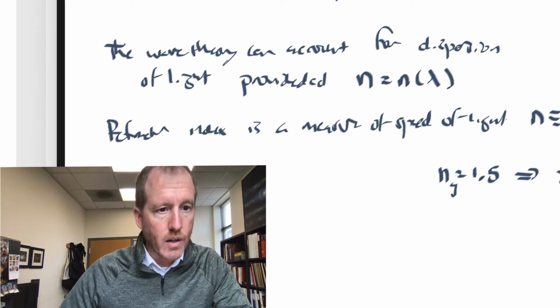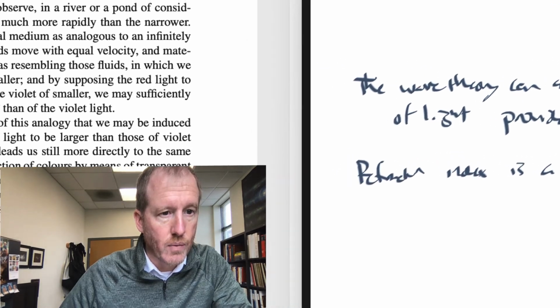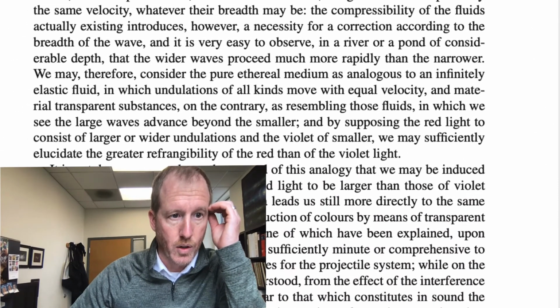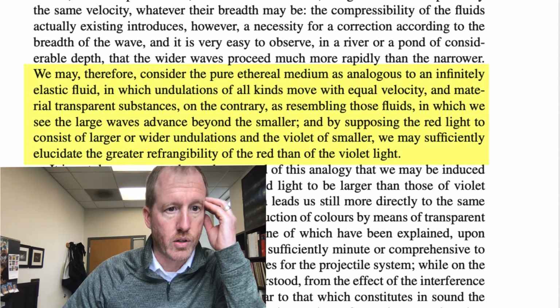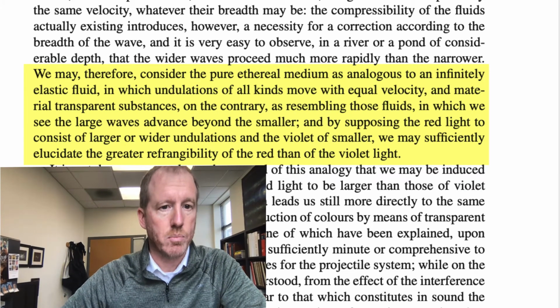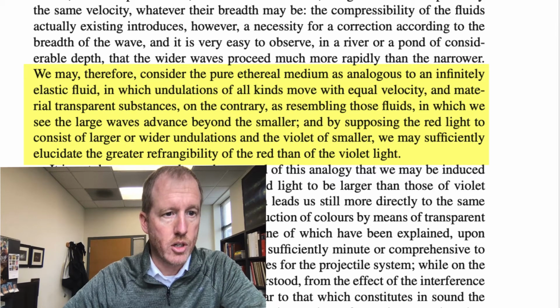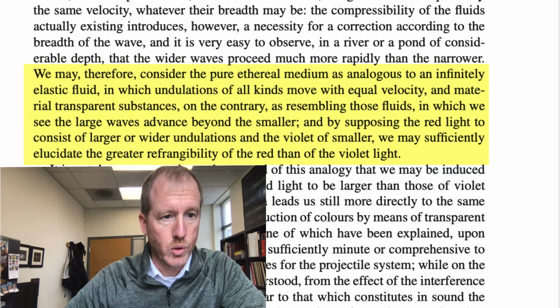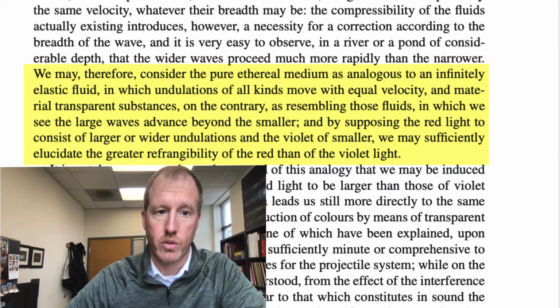Okay, and if we look at, I guess he summarizes this at the bottom of the first paragraph on page 239. He says, "We may therefore consider the pure ethereal medium as analogous to an infinitely elastic fluid in which undulations, waves, of all kinds move with equal velocity, and material transparent substances, on the contrary, as resembling those fluids in which we see the large waves advancing beyond the smaller, or faster than the smaller.